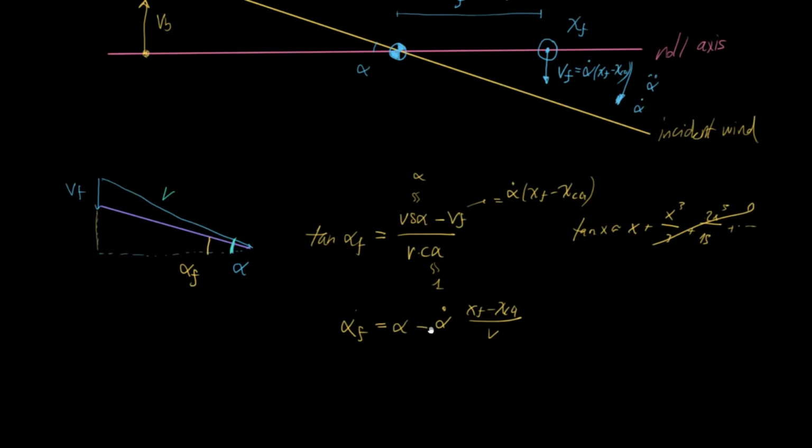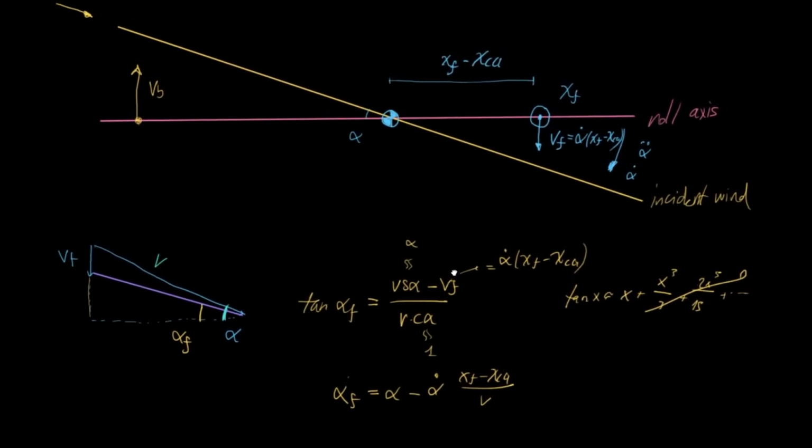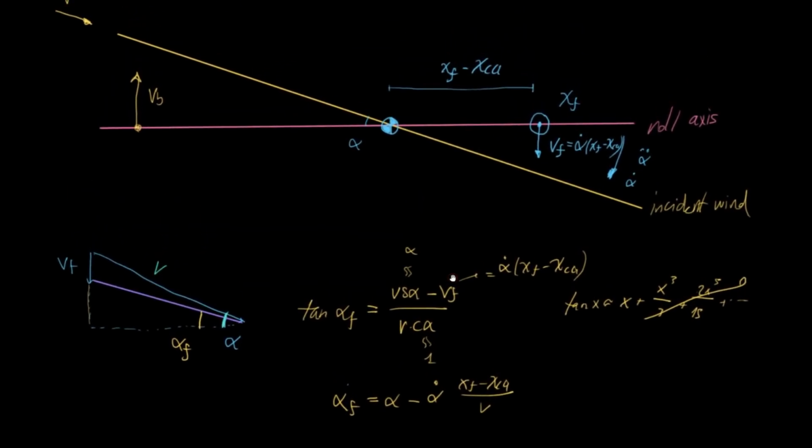I don't care much about the signs of this. We could just think that a positive alpha dot reduces the alpha of the fin.